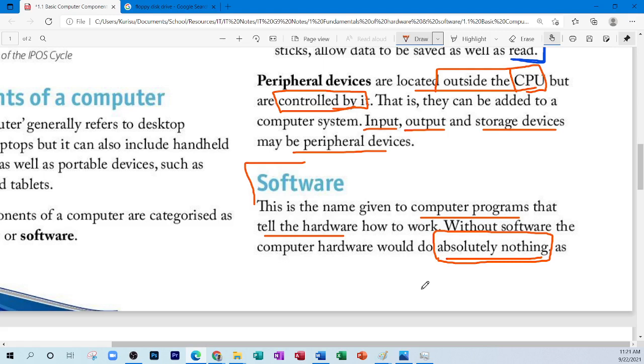But otherwise, if your phone is dead, you cannot access the software. So you basically cannot use anything on your phone. Even though you can physically press the buttons, even though you can see the camera, you can't do anything because the software is not running. So the computer program software, they tell the hardware how to work. They tell it how to function.